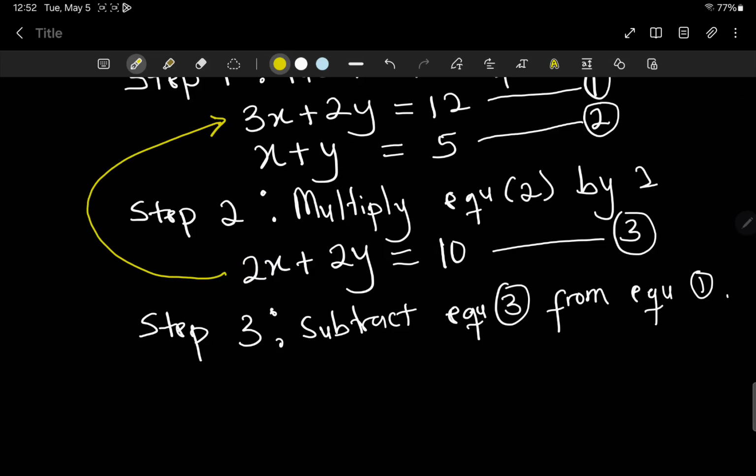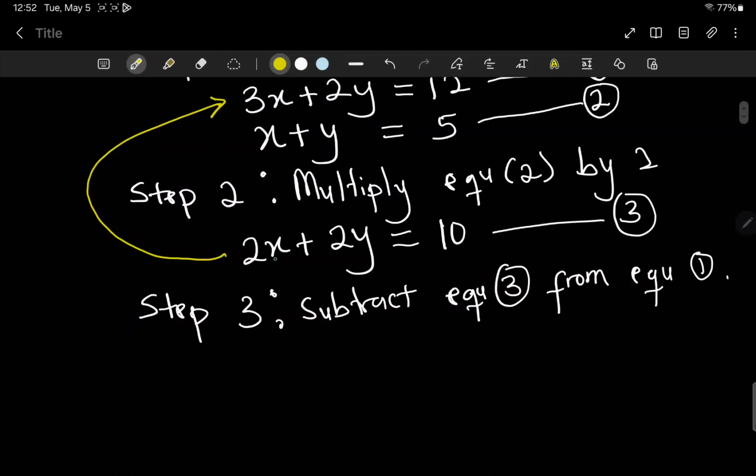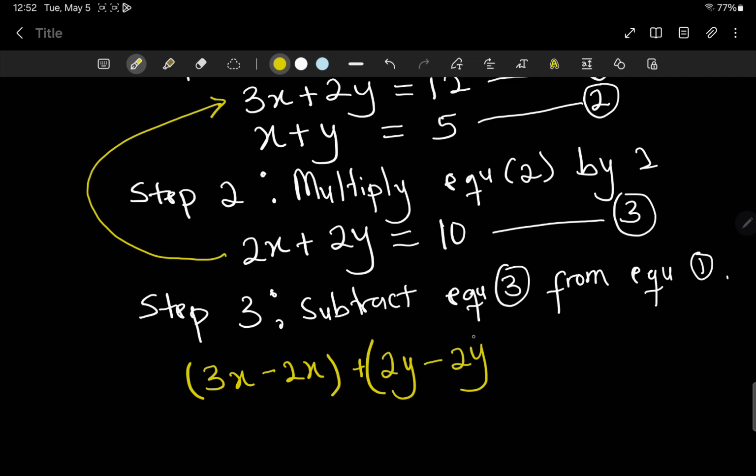Okay, so 3x minus 2x. Okay, and then we'll have plus, okay, 2y minus 2y, okay, is equal to 12 minus 10.